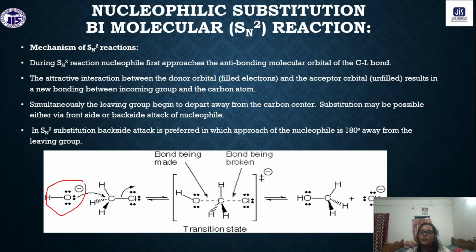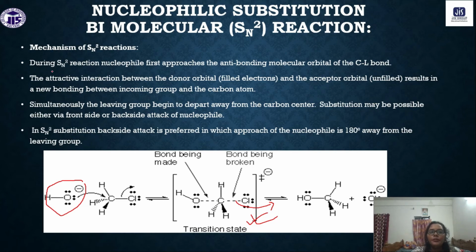So this transition state is energetically very high. After its formation, the hydroxyl group remains attached to this carbon atom, and the chloride group leaves. So this is the total mechanism for the SN2 reaction.